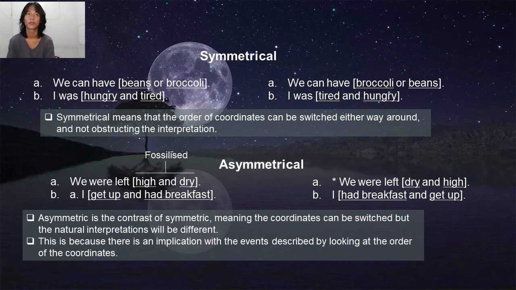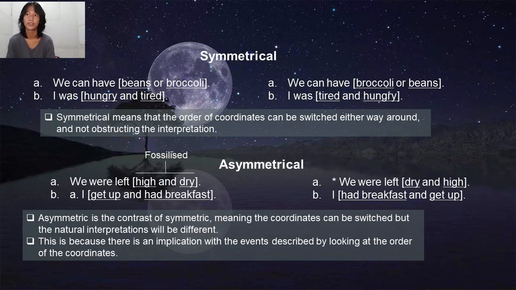And B, I got up and had breakfast. And in the other, I had breakfast and got up. Here, the meaning is different. As to the first B, I got up and had breakfast. So, to explain it, I get up first and then I have breakfast.